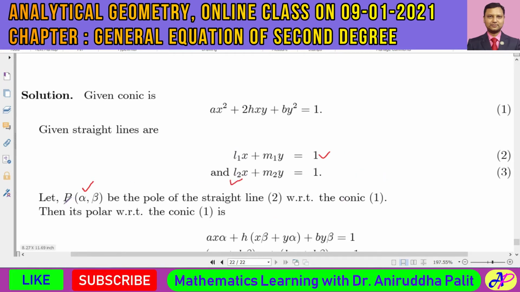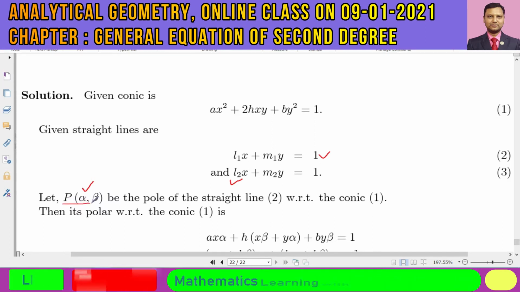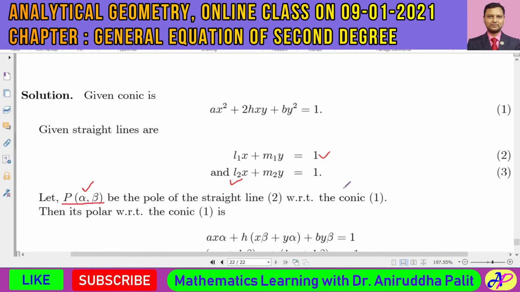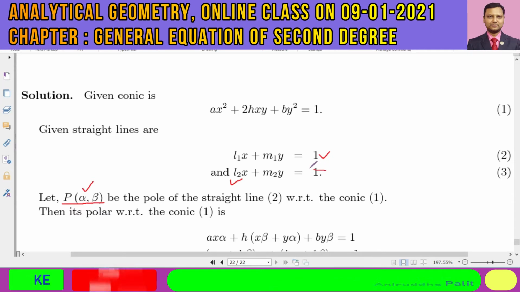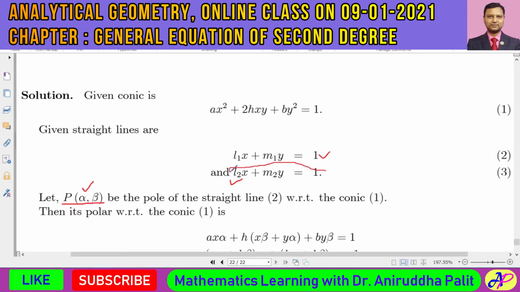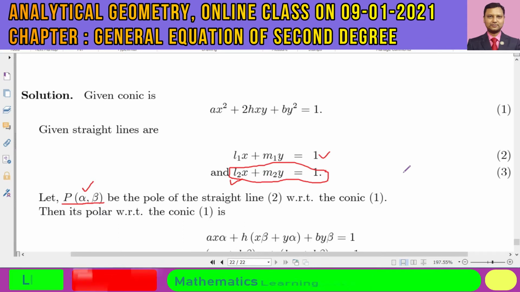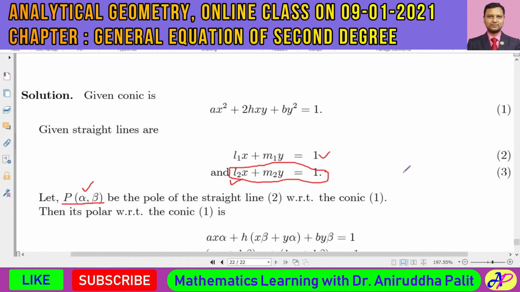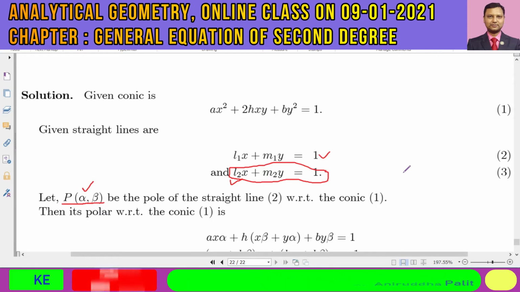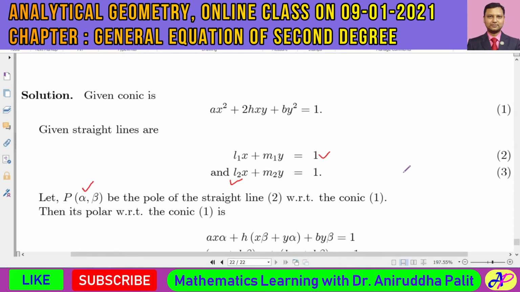That means the pole of the first line, P (alpha, beta), lies on this second line, or in other words, the coordinates of the point P must satisfy this equation number 3.